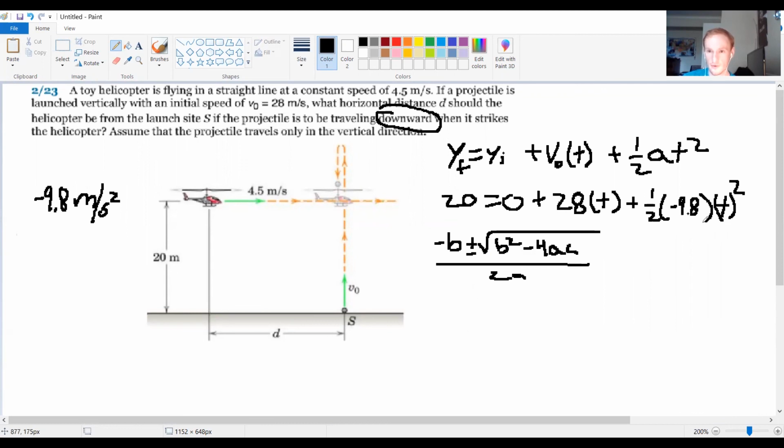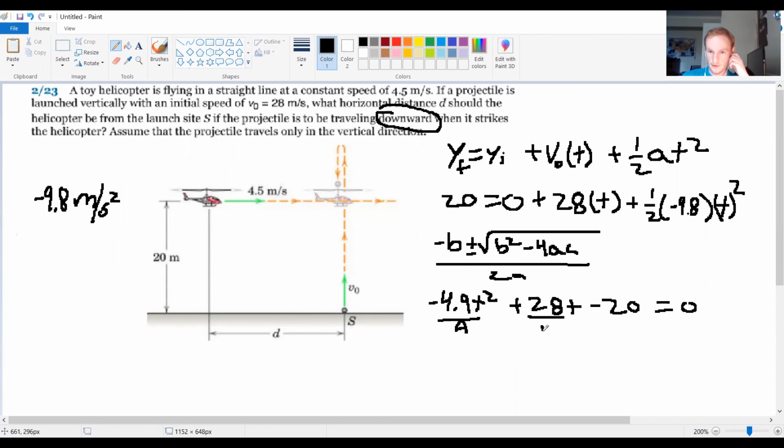So we're going to put this out front, which is going to be negative 4.9 t squared plus 28 t minus 20, all equal to 0. All right, so this is our A.